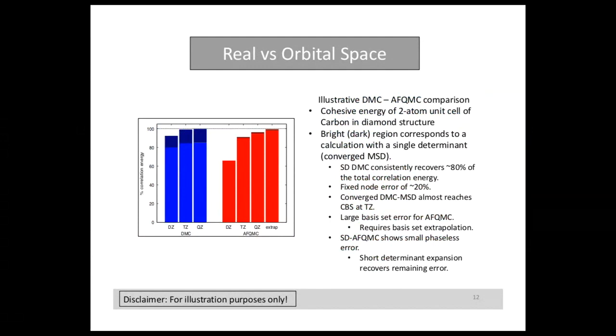So the capacity to solve the problem for that particular basis is really high. Your phaseless approximation is small. But if you want to recover the total energy in the CBS limit, you really have to work hard for different bases. So you're trading 20% of fixed node error for the necessity of doing basis set extrapolation.